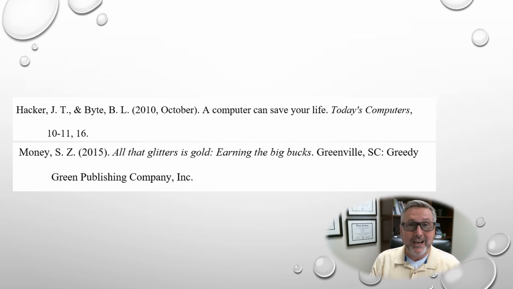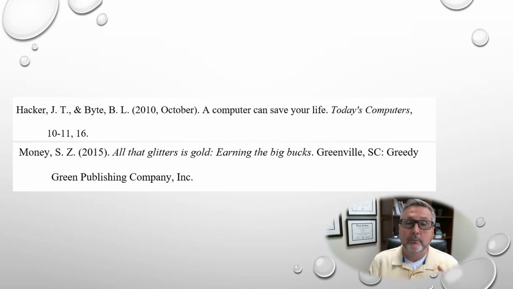Then we have the name of the container, Today's Computers, and the page numbers 10 through 11 and page 16. For the book, we also begin with the author's last name and the initials, the date of publication, only the year for a book. Then the title is always italicized for a book, and so we have All that glitters is gold, colon, then the subtitle, Earning the big bucks.